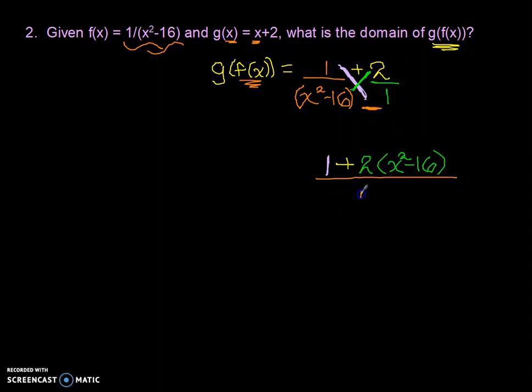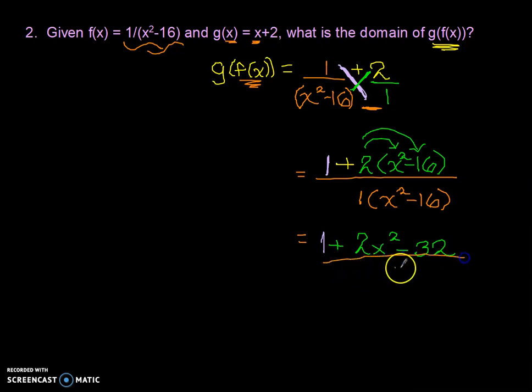1 times x squared minus 16, which just to make sure everything's thorough, I'm going to write that down anyway, the 1. All right, so from here, I'm going to simplify. I'm going to bring down the 1 and then distribute the 2. So I have 2x squared minus 32. And in the denominator, if I distribute that 1, it's still going to give me x squared minus 16.